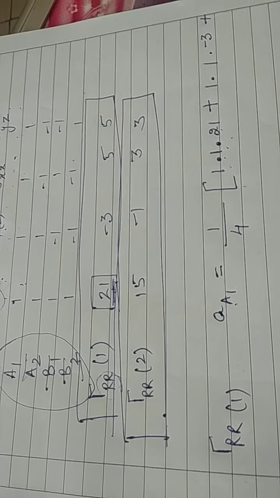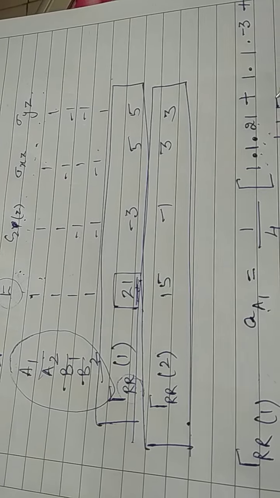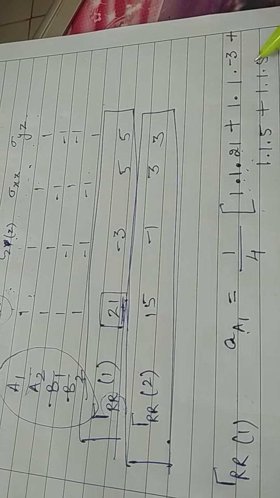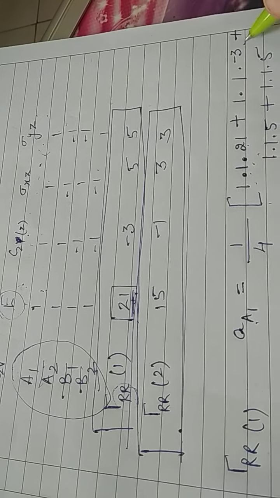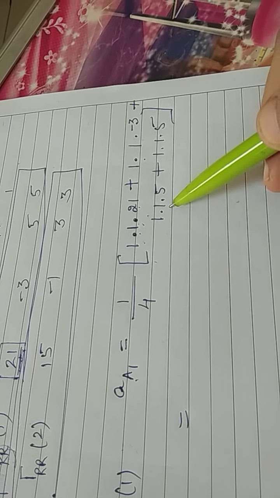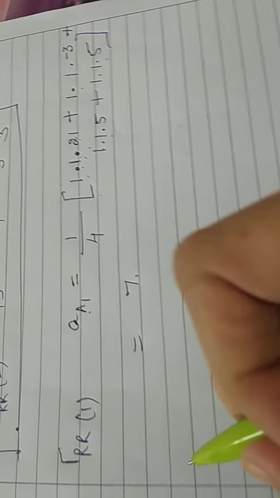Then plus 1 into 1 into 5, plus 1 into 1 into 5. This is also 1, this is 1 and this is 5. So this calculation comes out to be 21 minus 3 plus 5 plus 5, divided by 4, which is 7.